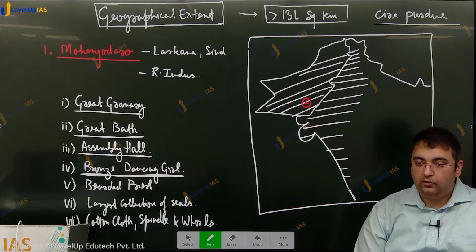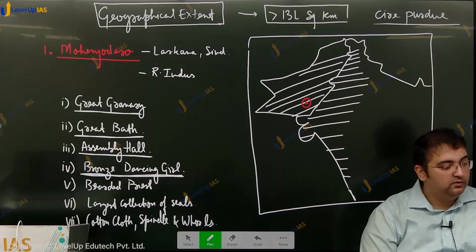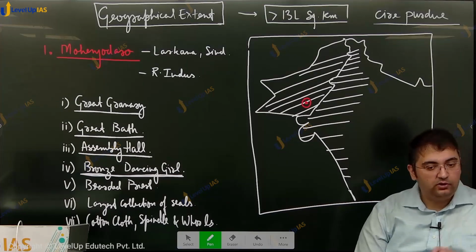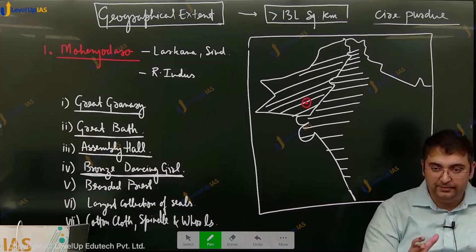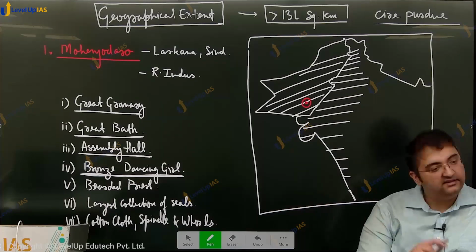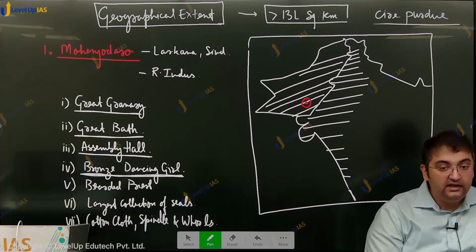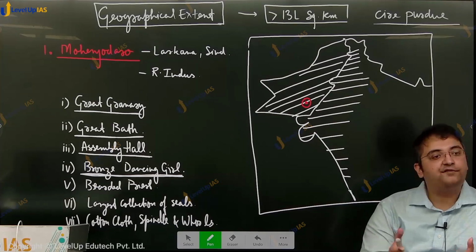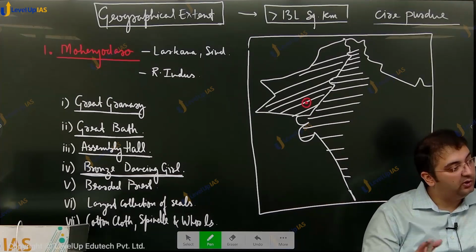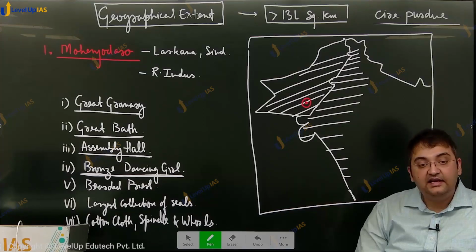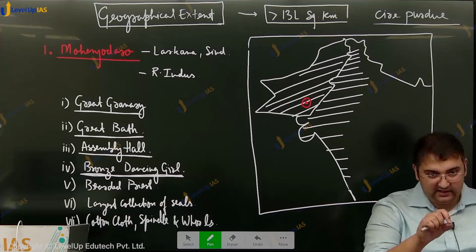ठीक है? So कोई भी statue बनाना हो, so what the artist would do is he would take a block of beeswax and then carve it in the desired shape. Then he would pack it in a covering of mud, right? He would allow that covering to dry, leaving behind a small hole in it.